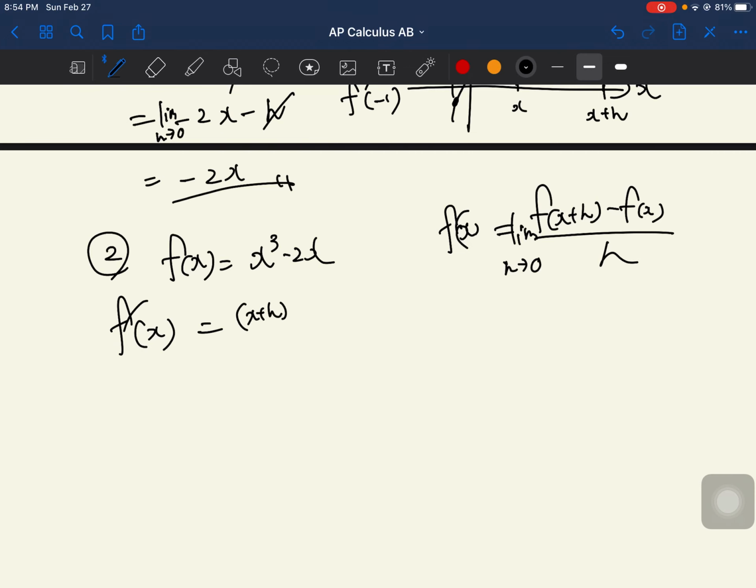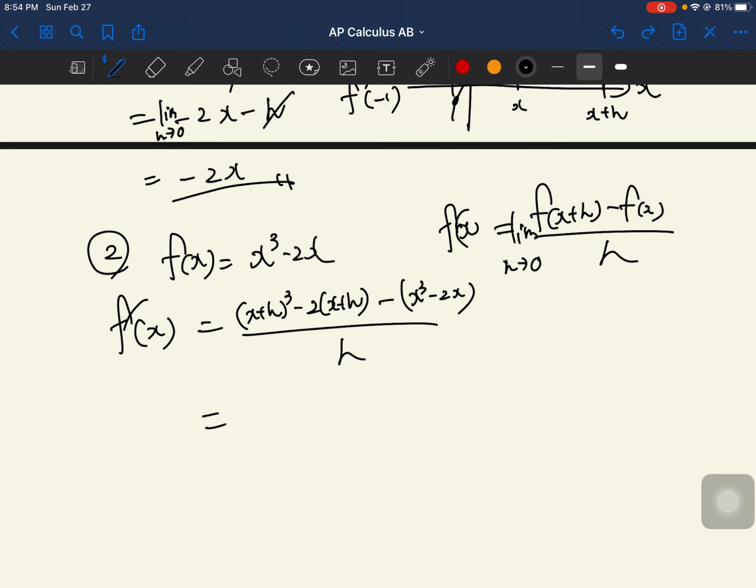f of x plus h is x plus h cubed negative 2 times x plus h, negative x cubed negative 2x, over h.